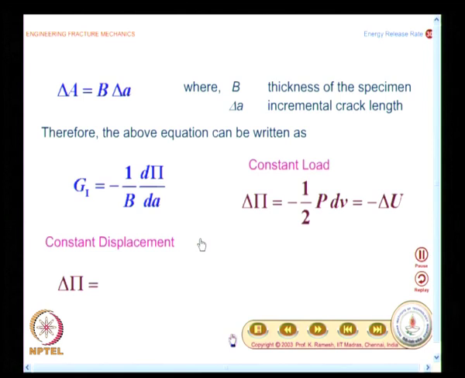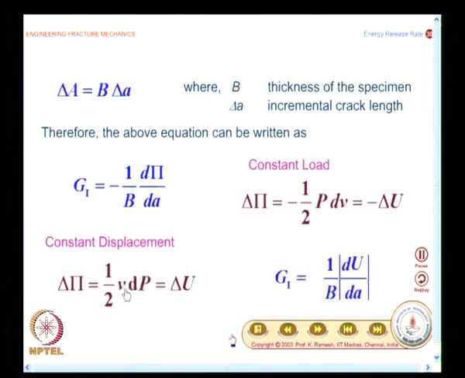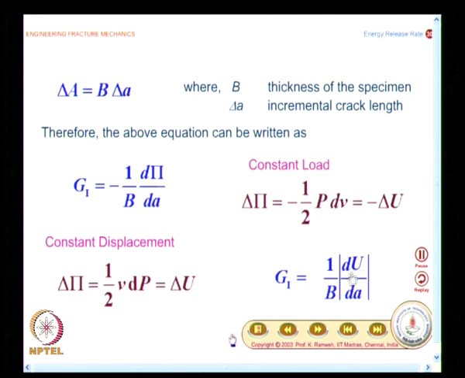and in the case of constant displacement, I have this as 1 by 2 V into dP, and I get this as delta u. But this delta u is negative, because we have seen already, we will also look that up again, that minus of minus will become positive, or in other words, you can also write G simply as 1 by B du by dA.